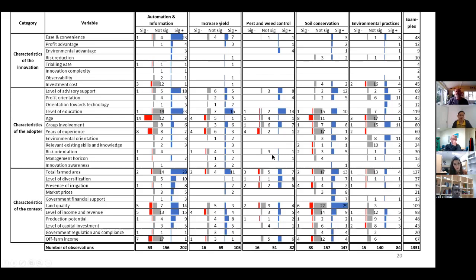There were various degrees for the other ones, but also the level of variables that were included in models but found statistically not significant is quite staggering, especially in the environmental practices category. It just doesn't seem quite clear what is actually driving the adoption of those practices based on these results.